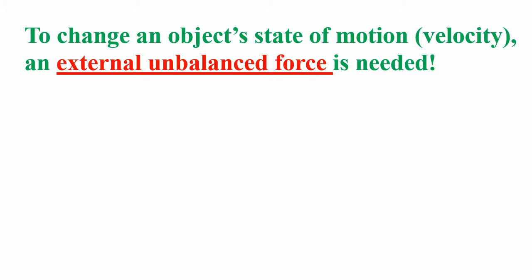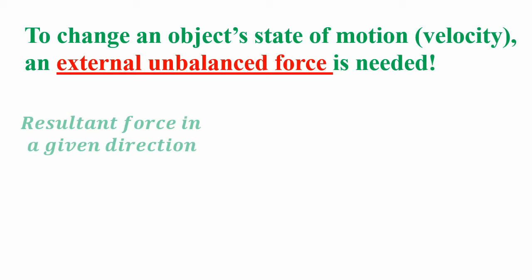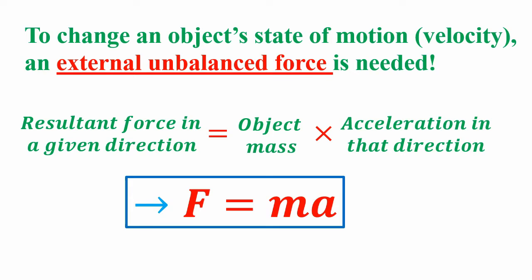Numerically, we have found that the resultant force in a given direction will be equal to the product of the object's mass and the acceleration. This is usually called Newton's second law of motion.